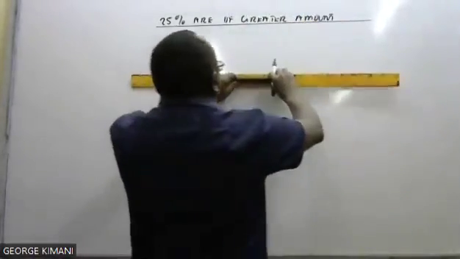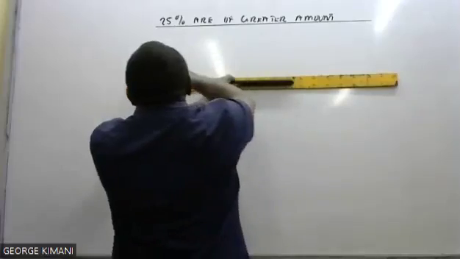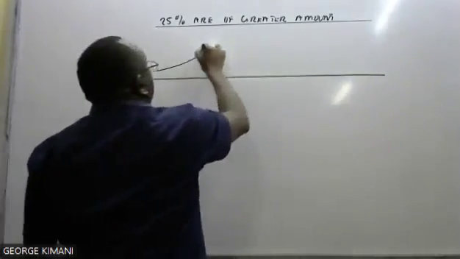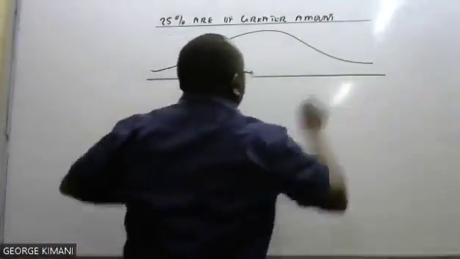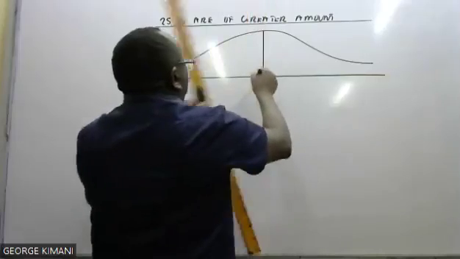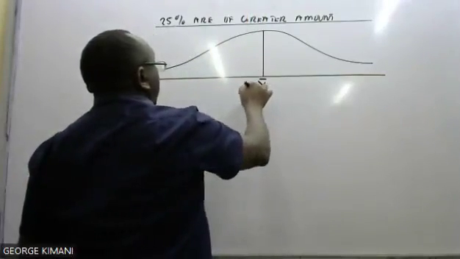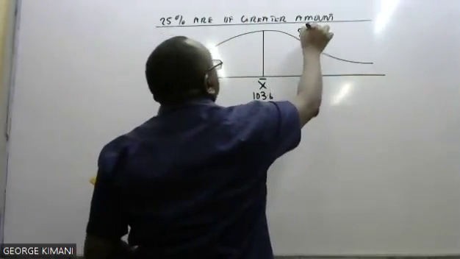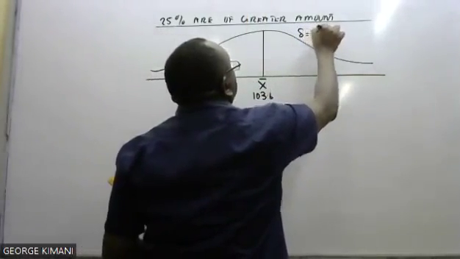What that means is, first of all, you do your normal table. Sasa ukishafanya hivyo, nakuja hapa unasema this is X bar 103.6. Standard deviation here is 8.73.